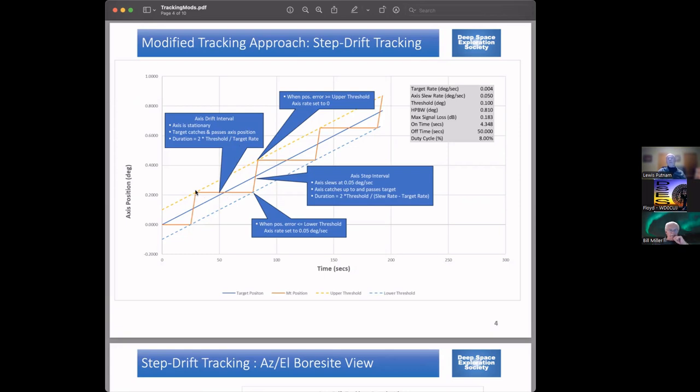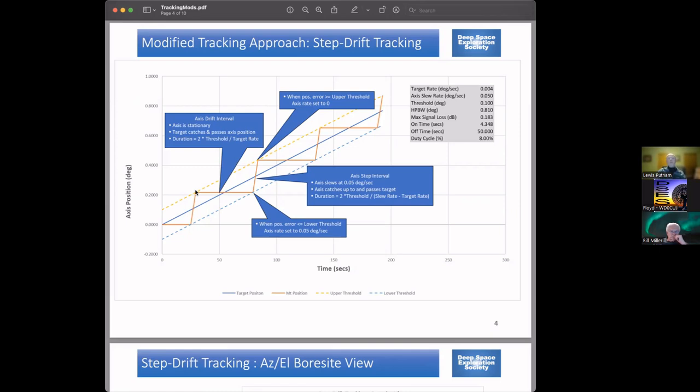So the duration of that drift is 2 times the threshold divided by the target rate. From that, we can see the duration of that interval is directly related to both the threshold and the target rate. I'll show some slides later on that show that relationship.